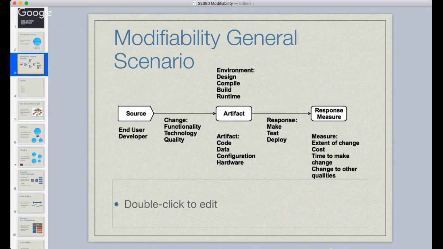It might be that the cost was to go in and make changes to code, recompile it, redeploy it. That might be very expensive. If it just takes me 2 minutes to go in and change a DNS entry, and just the next time it's hit, that's relatively inexpensive. Okay. Now, we're going to also talk about the initial costs of being able to support modifiability as well.